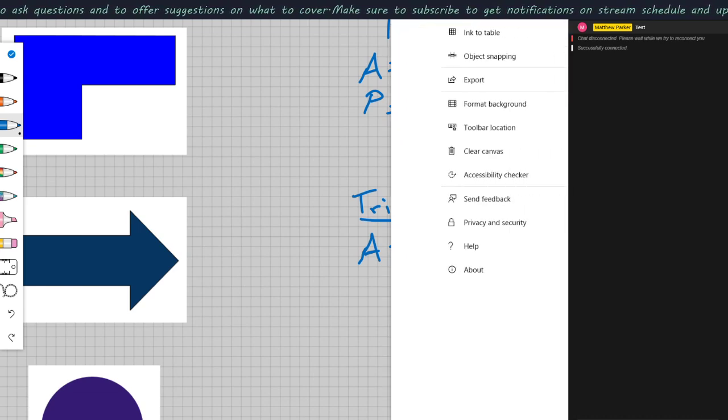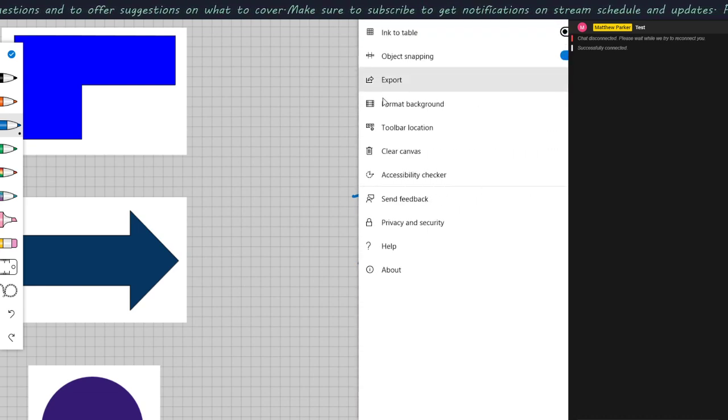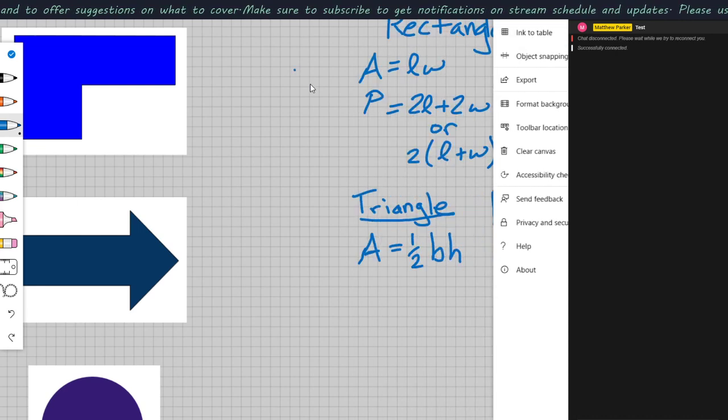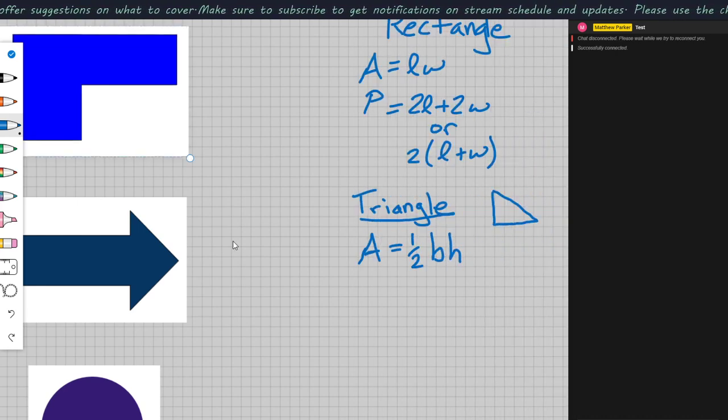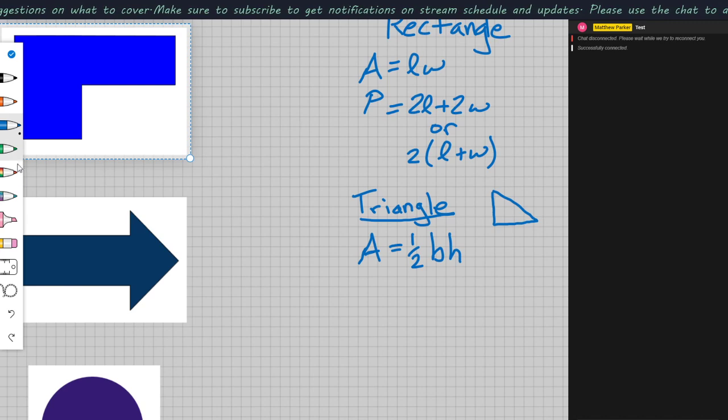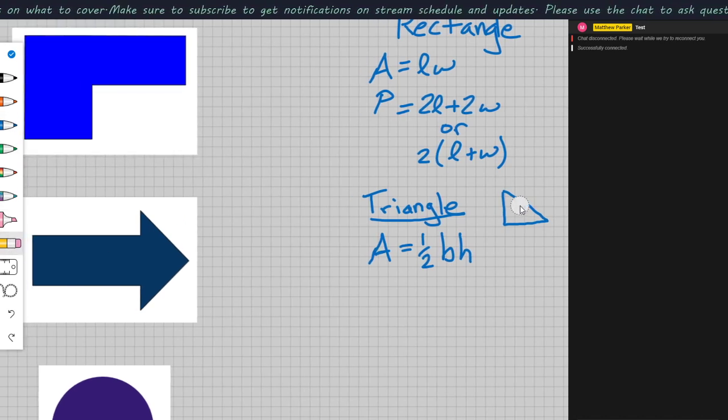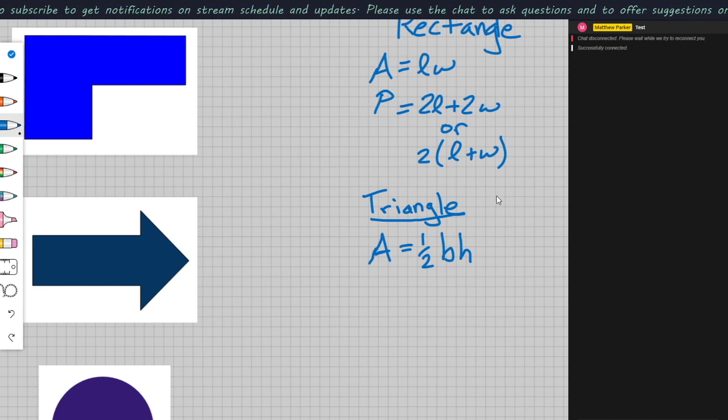Turn this on too, so that it's a nicer shape. Erase that and try it one more time.